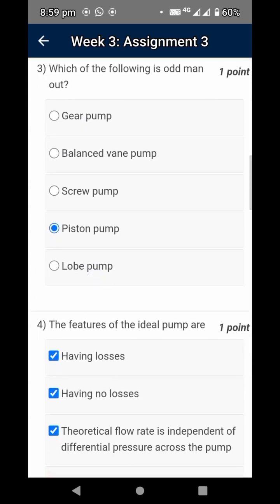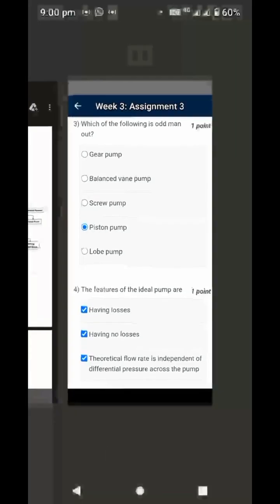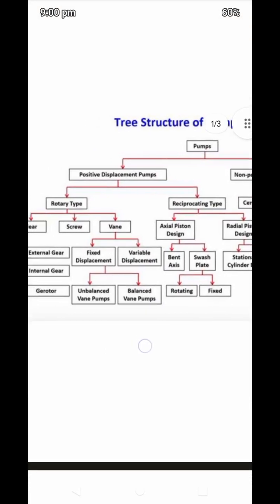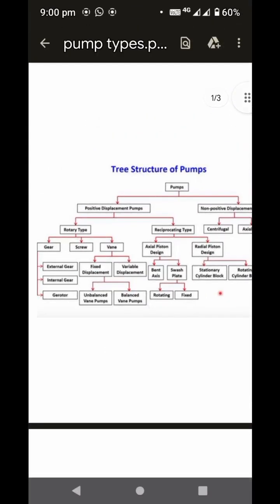Now let's see question number 3. Which of the following is odd man out? The options are gear pump, vane pump, screw pump, piston pump, lobe pump. Again we go to the tree diagram. In the case of pumps, there are two different types: positive and non-positive.